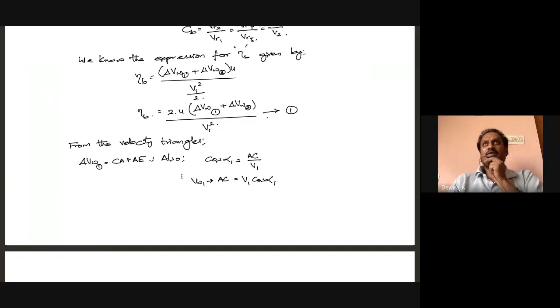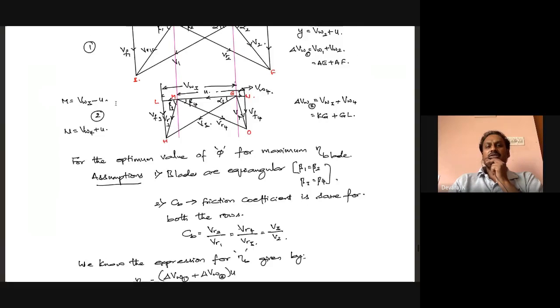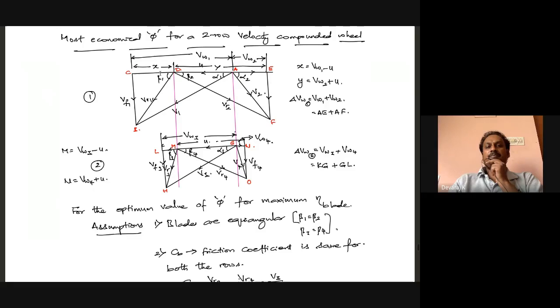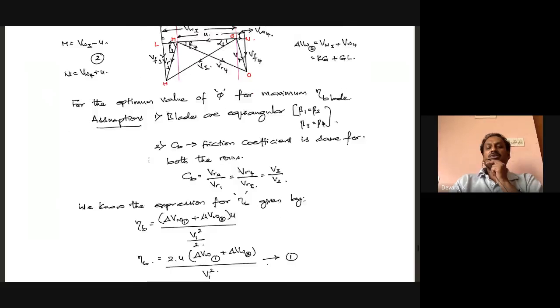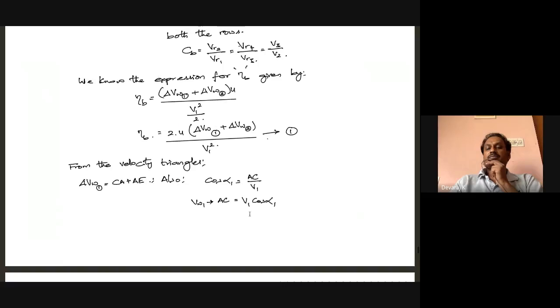What is cos alpha 1? It is nothing but the adjacent side, which is AC, divided by V1, that is AB. So cos alpha 1 is equal to AC divided by V1. So VW1, or AC, is equal to V1 cos alpha 1.